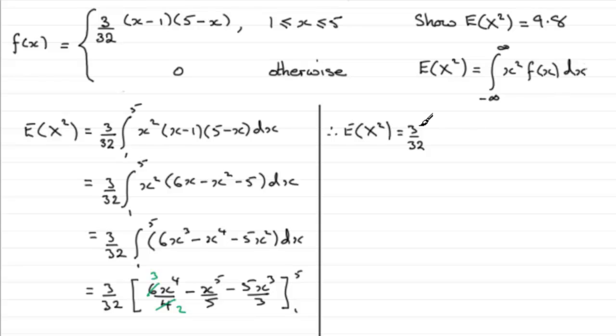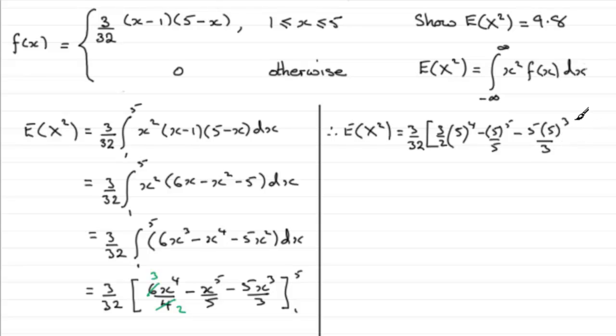So when it comes to substituting these values in, the usual way, we're going to have 3/2 then, multiplied by 5⁴, and then minus 5⁵ over 5, and then minus 5 times 5³ over 3.